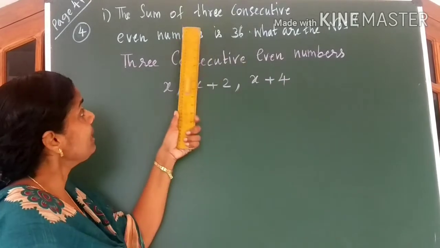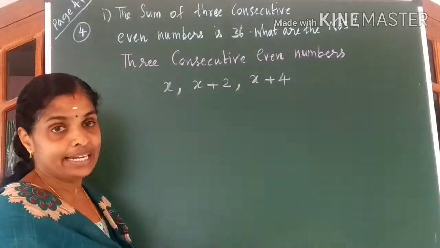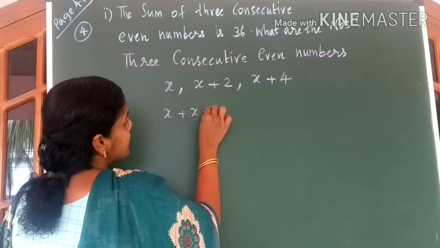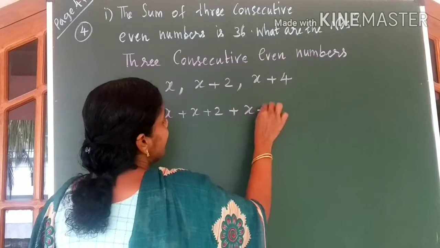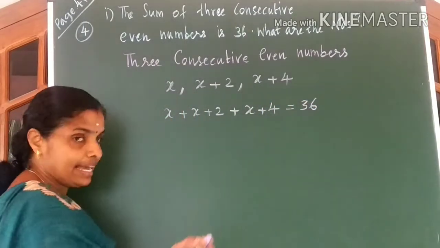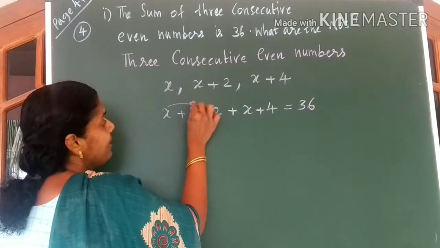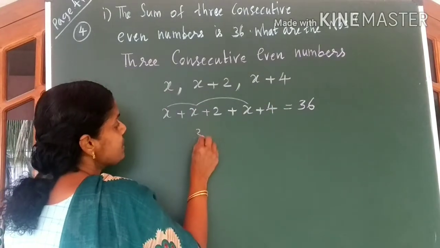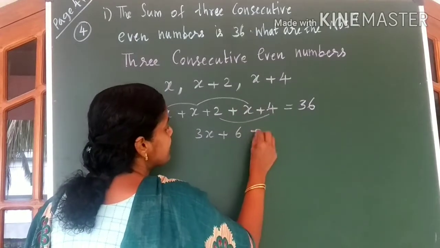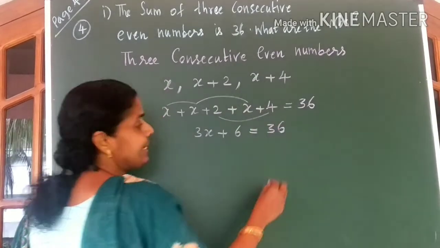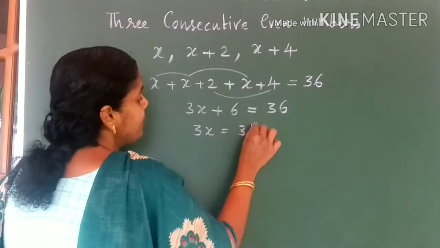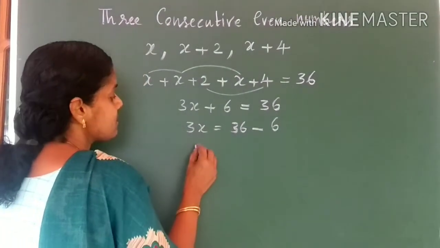Now we are given its sum is equal to 36. So you can write x plus x plus 2 plus x plus 4 is equal to 36. As we did before, add all the x terms, you get 3x. Add 2 to 4, you get 6, equal to 36. What is the next step? 3x is equal to 36 minus 6.